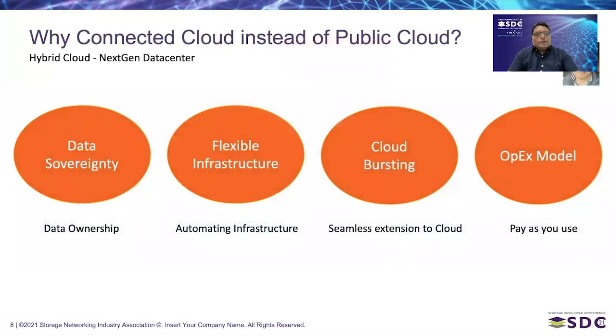So what happens when people choose to go with a connected cloud? I'll talk about connected cloud more and more in this presentation. That means you are in a setup where you can connect to cloud, or you're near cloud, but not running entirely in a hyperscaler. You're closer to the cloud where you can use their services and benefits, but yet the data could be in your control.